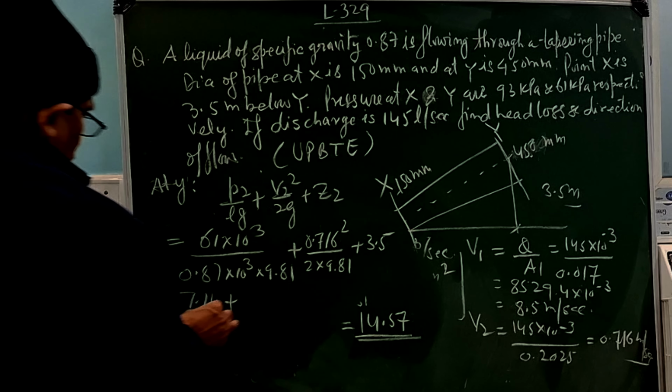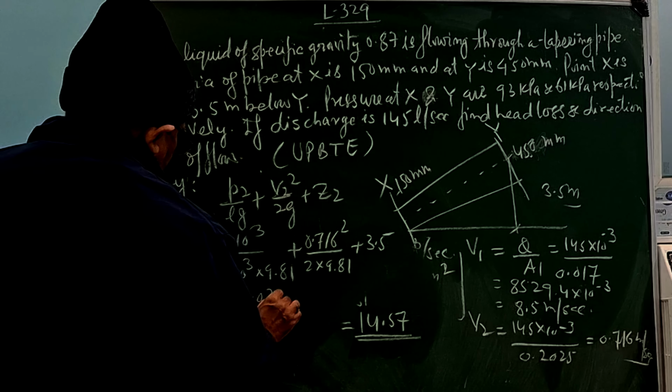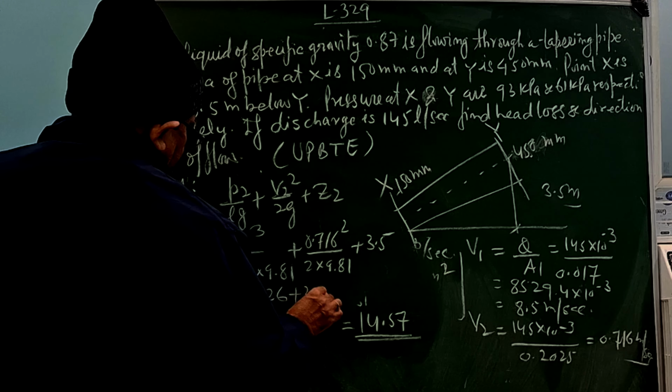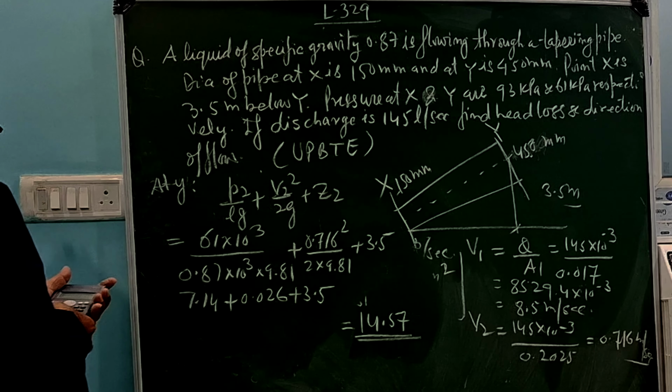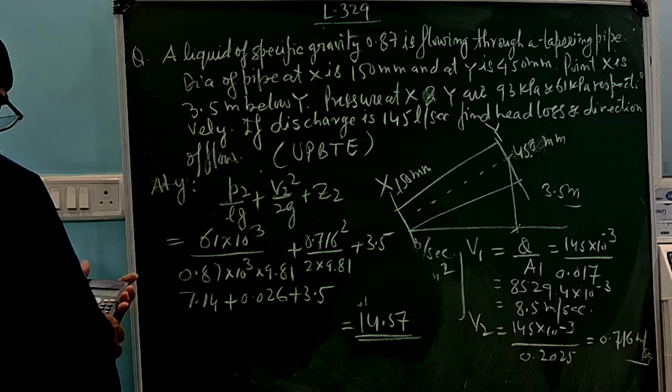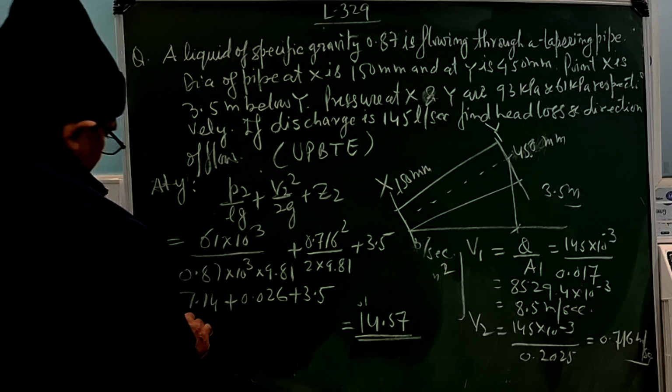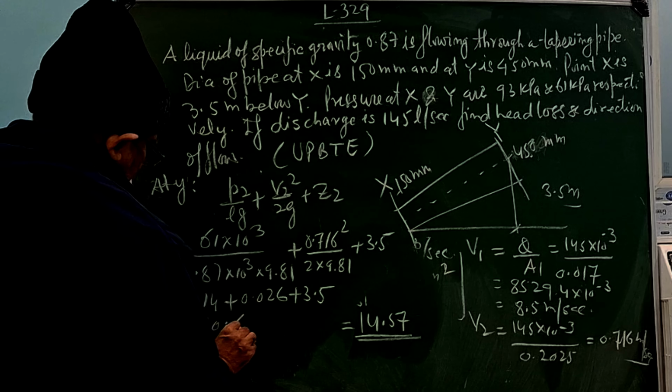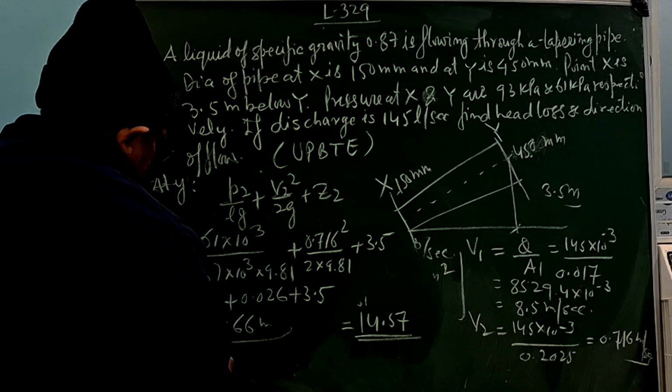This is 0.26, plus 3.5. So 7.14 plus 0.26 plus 3.5 is 10.66 meter.